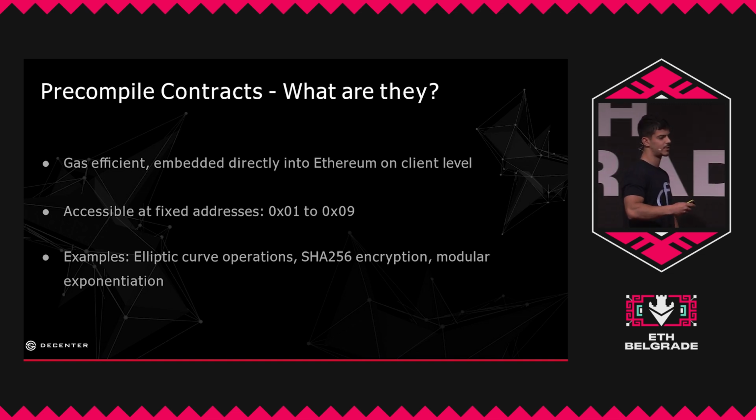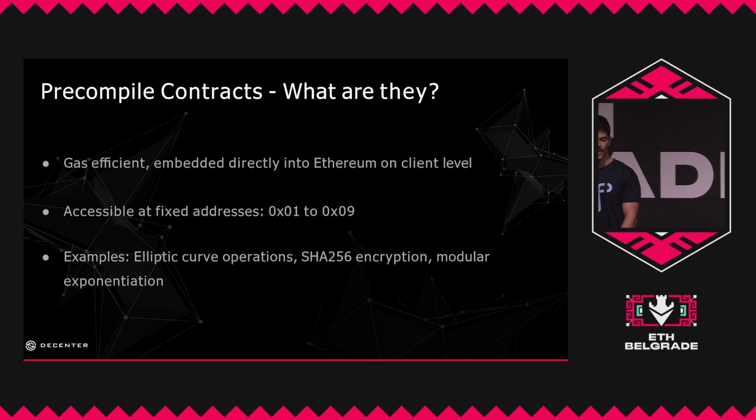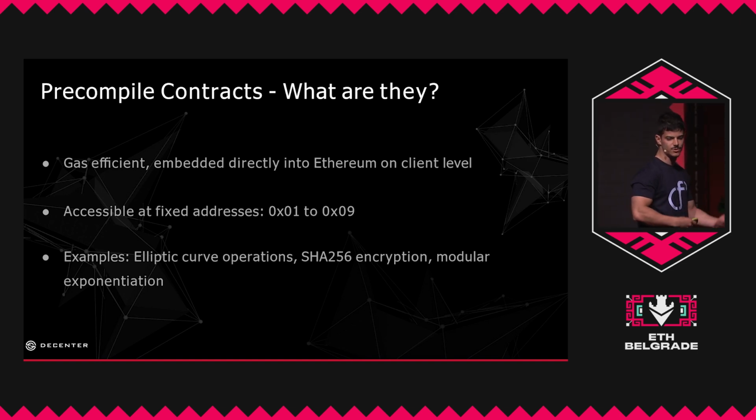They are written in Go on client level. And you can access these functions and contracts at fixed addresses from 0x01 to 0x09. Examples of these functions for Ethereum are elliptic curve functions, SHA-256 hashing, modular exponentiation, and so on. All the functions that are constantly being used in Ethereum.